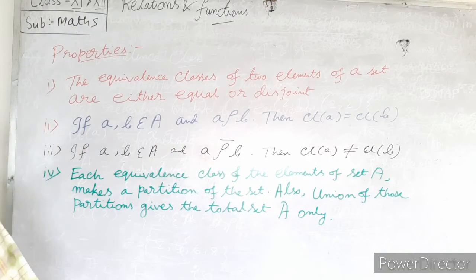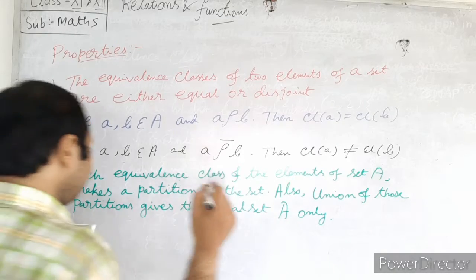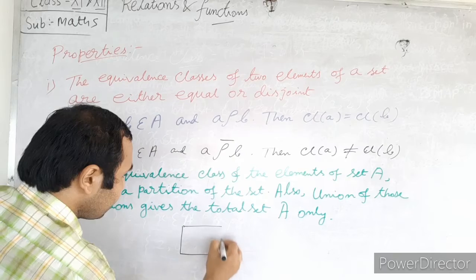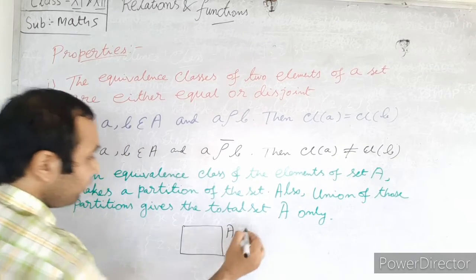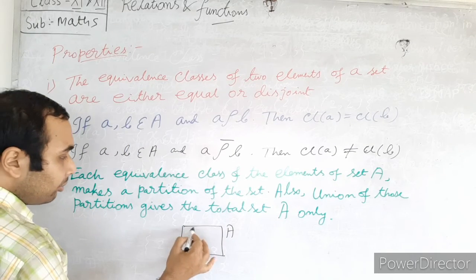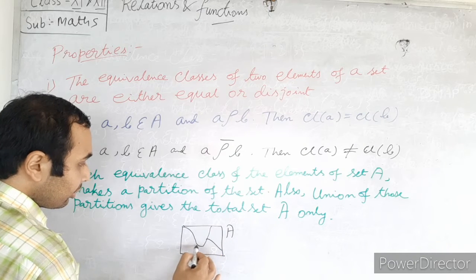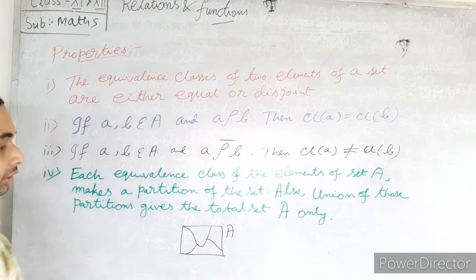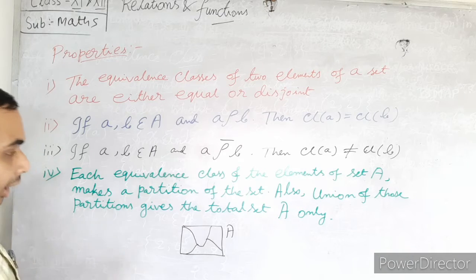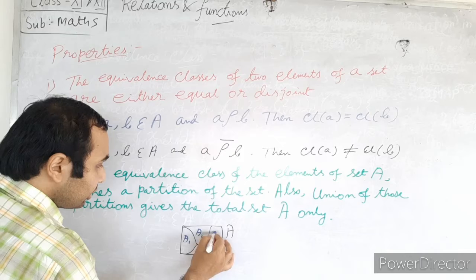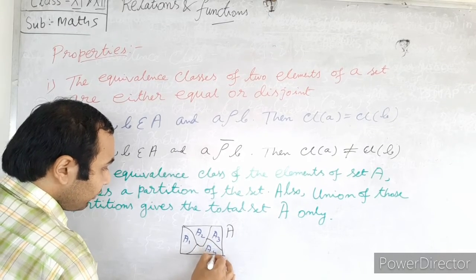Actually, some disjoint sets we are getting. If this is the set A, now some equivalence classes are there. If those are some equivalence classes, I am giving the names. This is A1, this is A2, this is A3, this is A4.